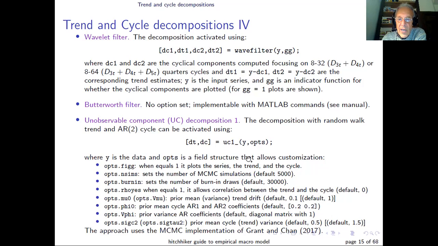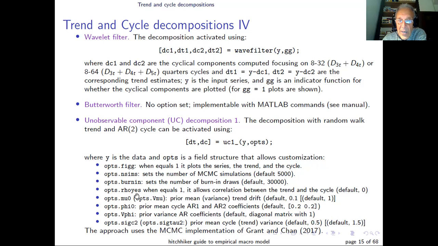So the implementation here is by Monte Carlo Markov chain, so it's going to do Bayesian estimation. There are a few options which refer to the setting up of the Monte Carlo setup, which is NSIM and burn-in. There are a few options which describe the prior mean and the prior variance of the parameters, which are the last four.